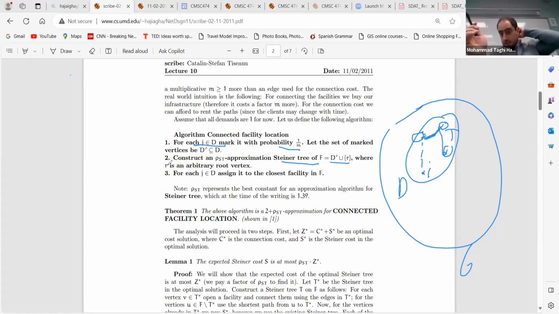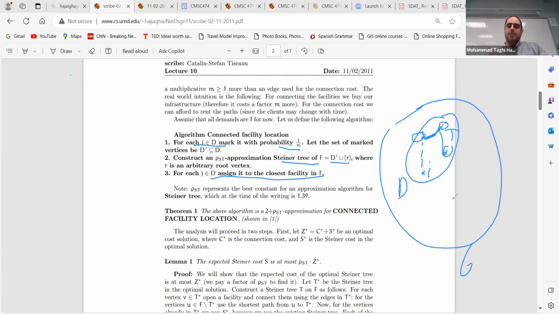Essentially, you create a Steiner tree on D prime. Then for everyone else, you assign it to the closest facility in F. A beautiful algorithm. Just consider each one with probability 1 over M. You open some of these guys, this will be the facility, you buy a Steiner tree for them, and everyone else you just connect to the nearest facility.